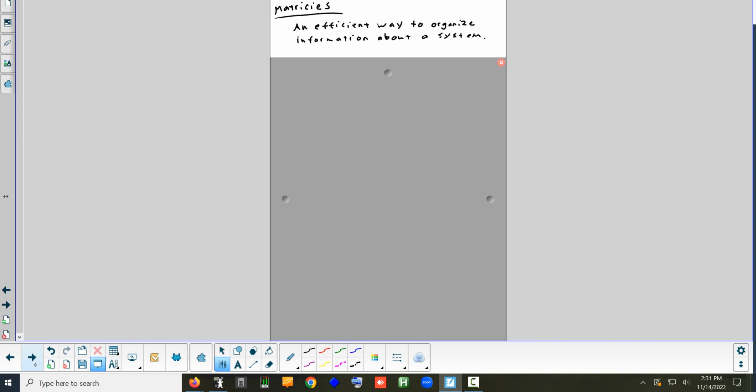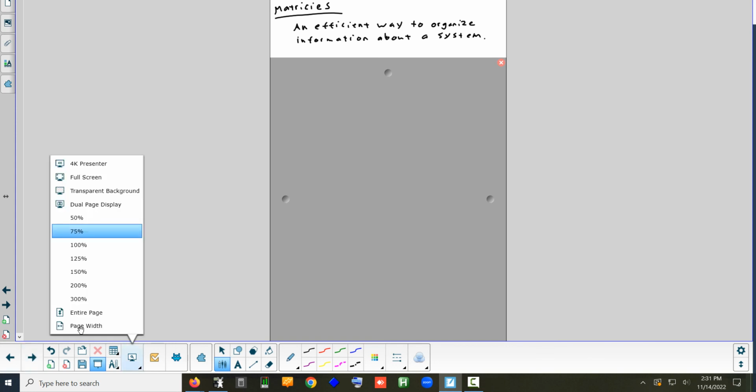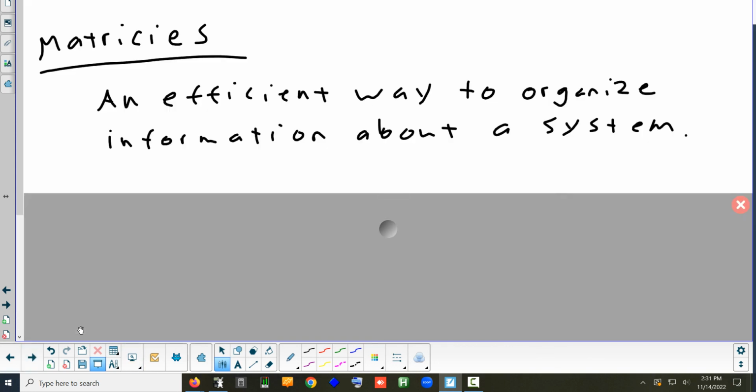Well, there is a more efficient way to write things down, especially when you get into 3 variables, because the writing starts to be a lot.